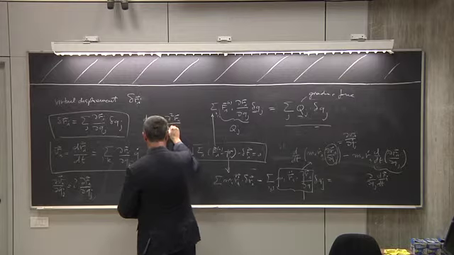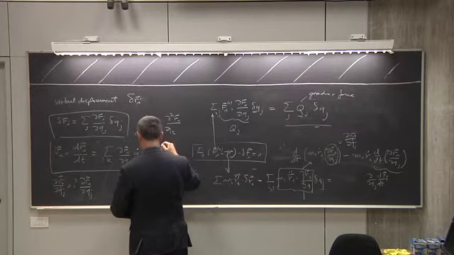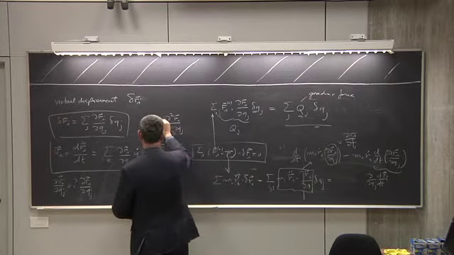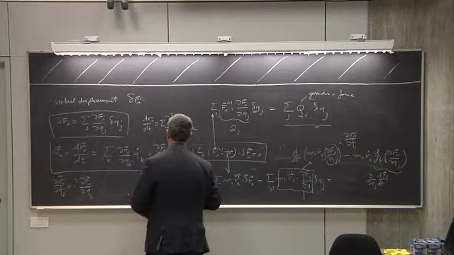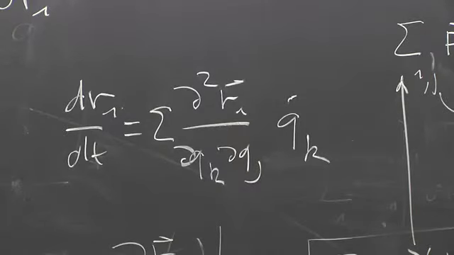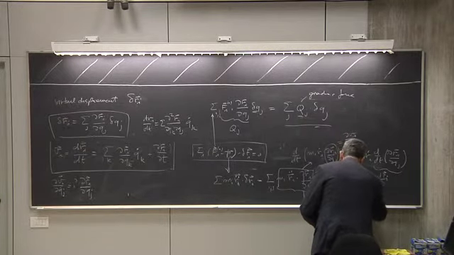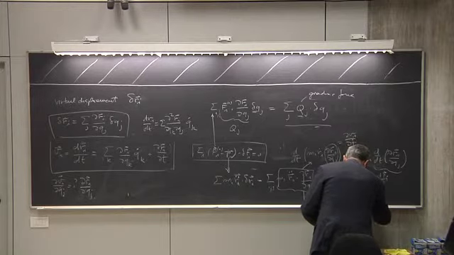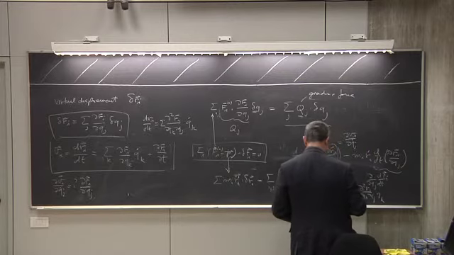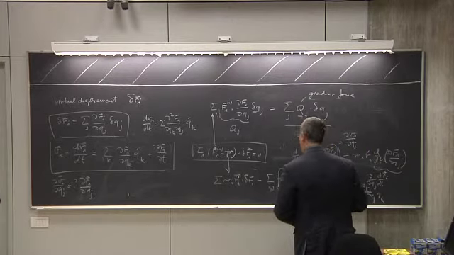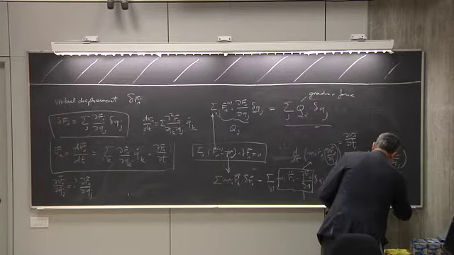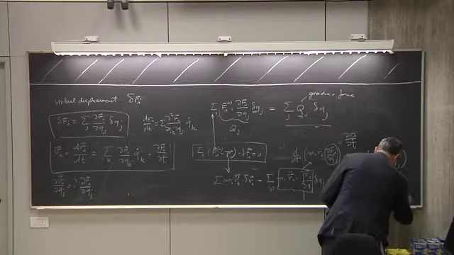It is the sum over k of dri dqk times q dot k, right? So I can put the derivative inside, and I have the sum over k, d of dri dqk, dqj, q dot k, plus d of dri dqj, dt.